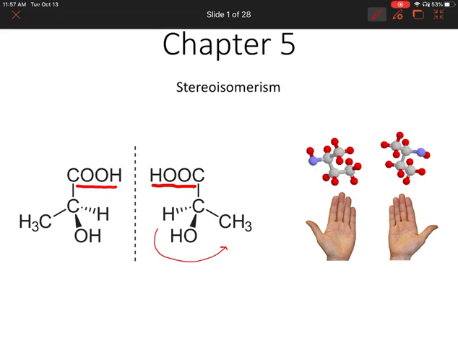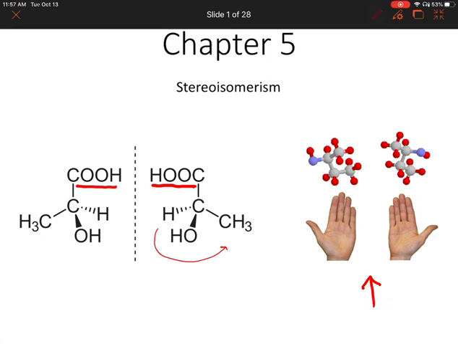And this is similar to your right and left hand. So if you hold your hands up facing each other, they are mirror images of each other. But if you try to flip one of your hands and have it match perfectly with your other hand, that doesn't work, right? Your thumbs are on opposite sides, your pinkies are on opposite sides, and so that's something called a stereoisomer.